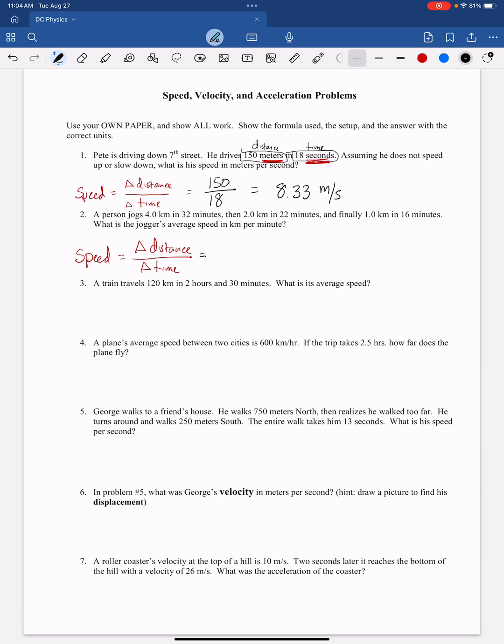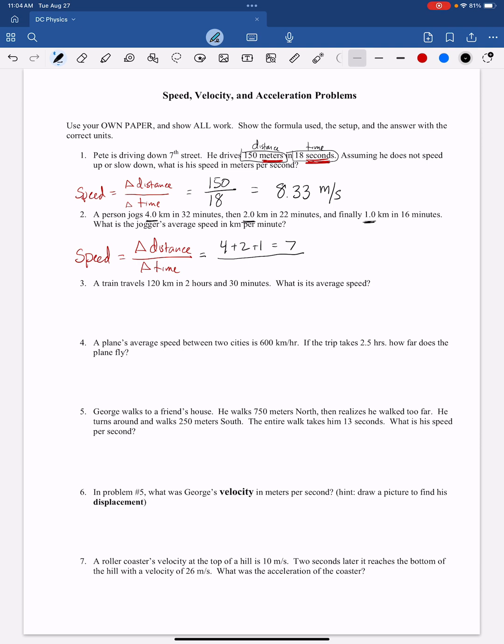To solve for my total change in distance, I need to add up the 4 kilometers here, 2 kilometers here, and finally 1 kilometer. So I'm going to have 4 plus 2 plus 1, or a total of 7 kilometers of distance that got covered. And I'm dividing that by the total time that it took.